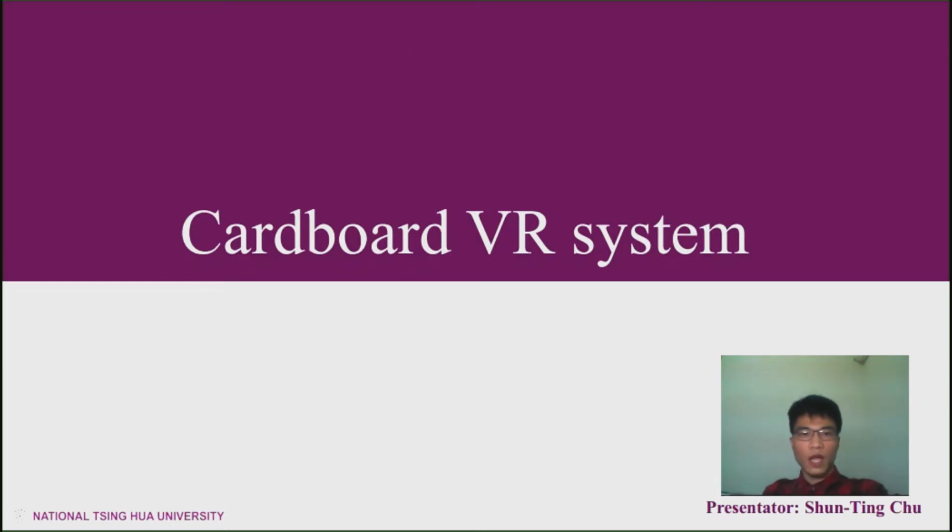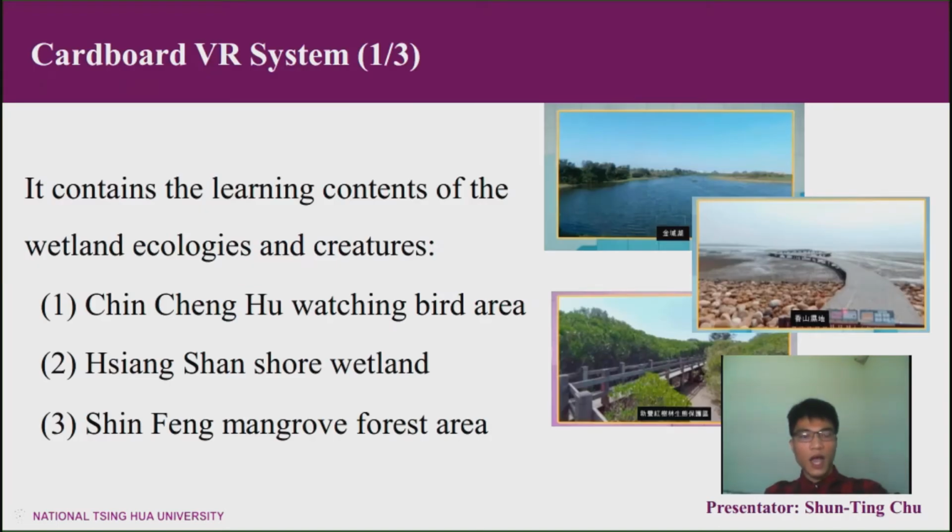Next chapter, I will introduce the system content and the design of the VR game-based virtual wetland ecology system. First, I introduce the learning contents about wetland ecologies and the creatures from these 3 wetlands: Jinchenghu Watchbird Area, Shanshan Shore Wetland, and Xingfeng Mangrove Forest Area.